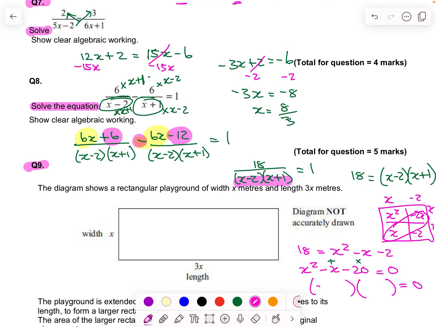And that would be minus 5 and positive 4. And so my solutions are x equals 5 or x equals minus 4. So 5 marks, but at least if you can start it, that'd be great.